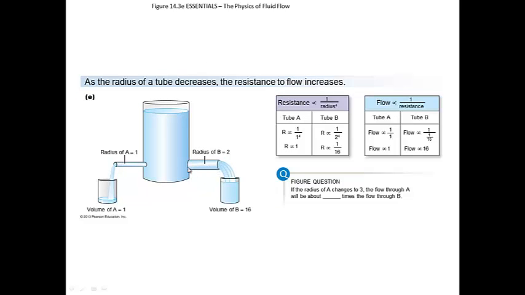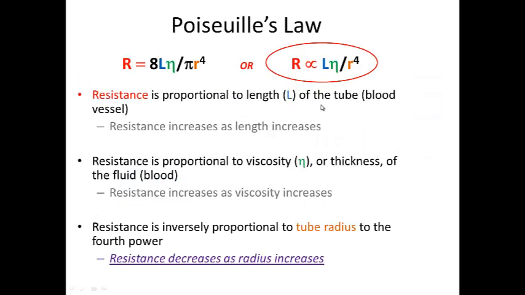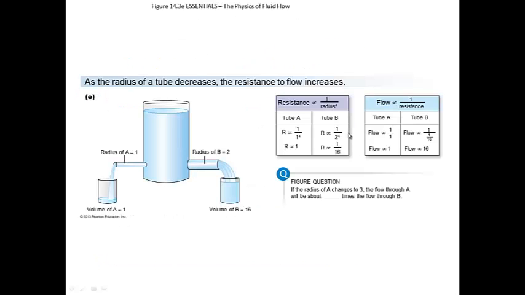It's also the same liquid going through those tubes, so there's going to be no differences there. Also keep in mind that because radius is raised to the 4th, it's going to have the greatest effect on resistance, much greater effect than any of the other factors we deal with. So here in the purple box, looking at resistance, we're only going to take into account the radius. And because that radius is raised to the 4th, it's going to have a dramatic effect.